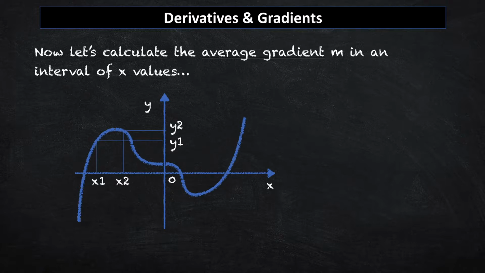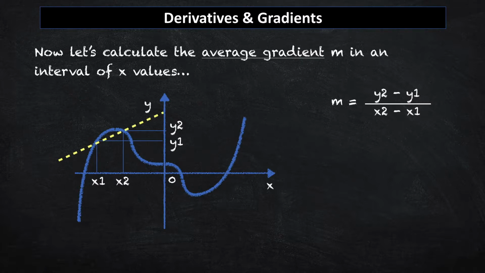There is a formula to compute the average gradient between x1 and x2, and the formula is this one. The gradient is the difference between y2 and y1 divided by the difference x2 minus x1. So this formula gives us the average gradient between x2 and x1.